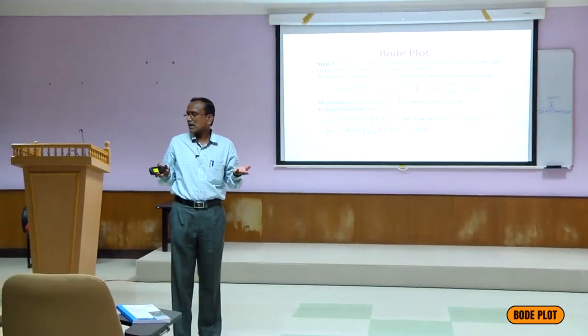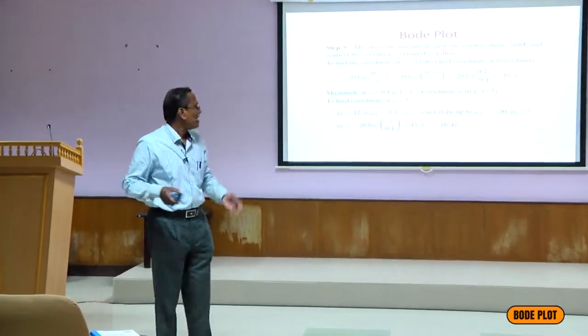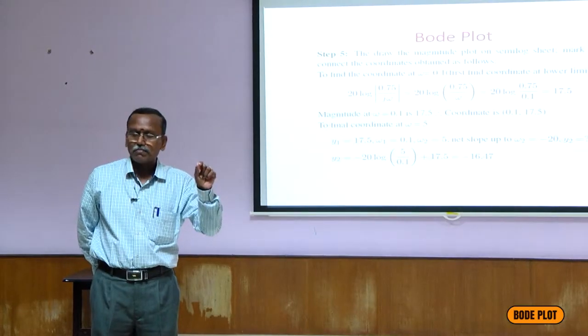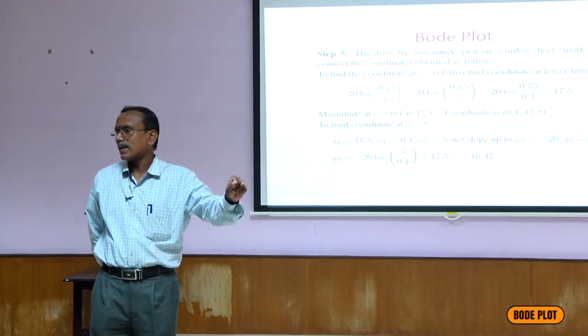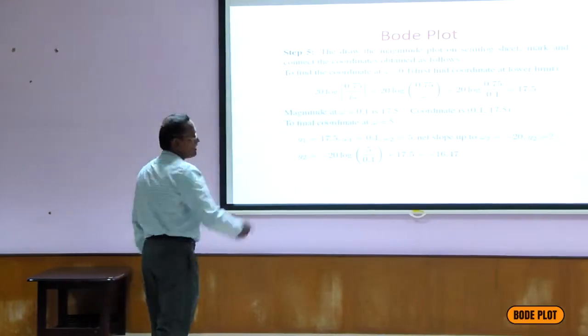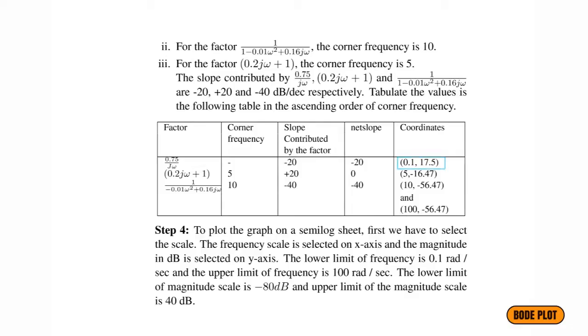So directly substitute in the formula 20 log of 0.75 by omega. We start the Bode plot from omega equal to 0.1, so we substituted 0.1 and got 17.5. Therefore the coordinate is 0.1, 17.5.